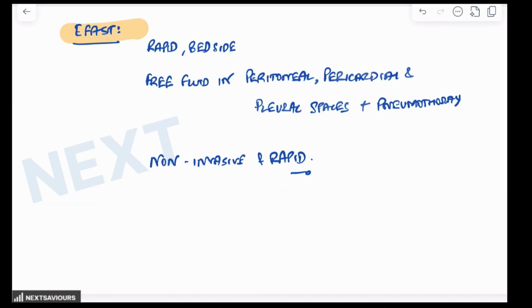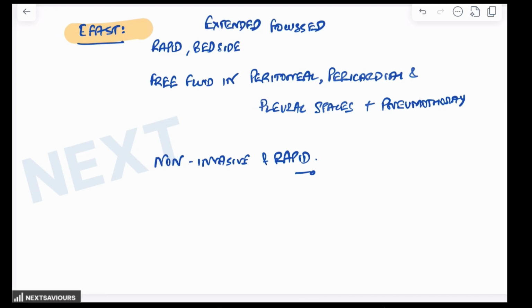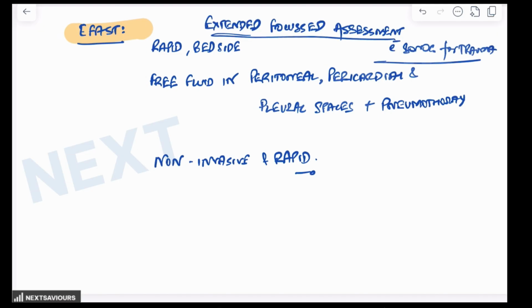The extended focused assessment with sonography for trauma, that is EFAST, is a rapid bedside ultrasound protocol used in an emergency setting to detect free fluid in the peritoneal, pericardial, and pleural spaces along with the identification of pneumothorax.